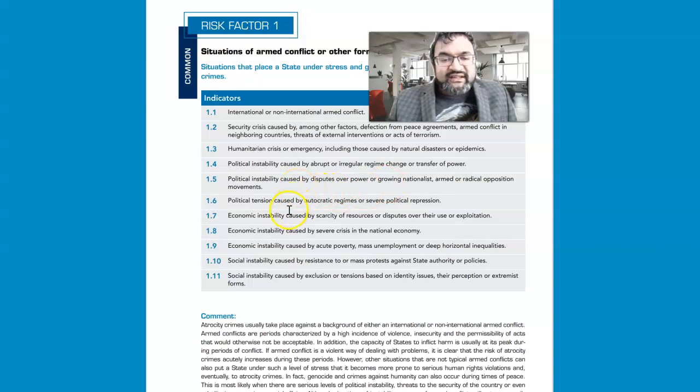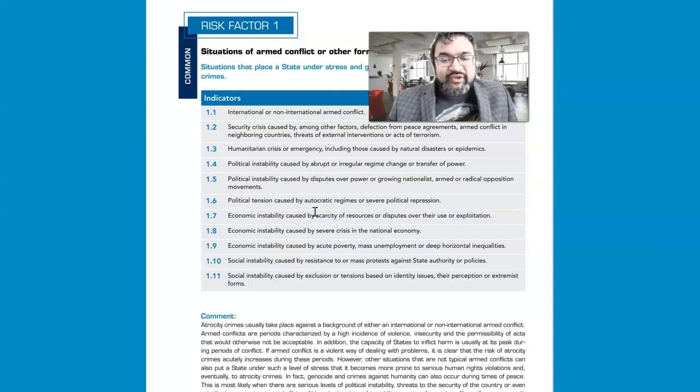And then 1.6, political tension caused by autocratic regimes or severe political repression. And this is important because when you have a lot more central power consolidated into the central government, or federal government, then you have political repression a lot more than if you have a democratically elected government.